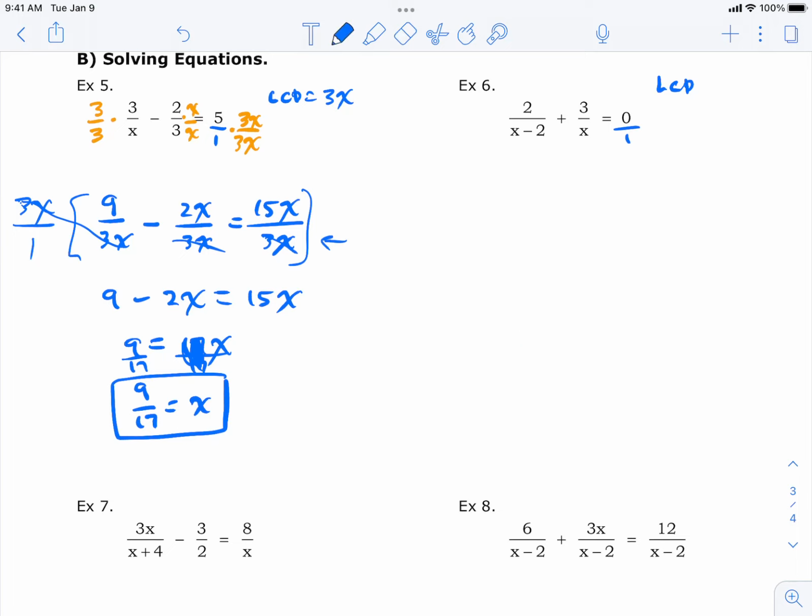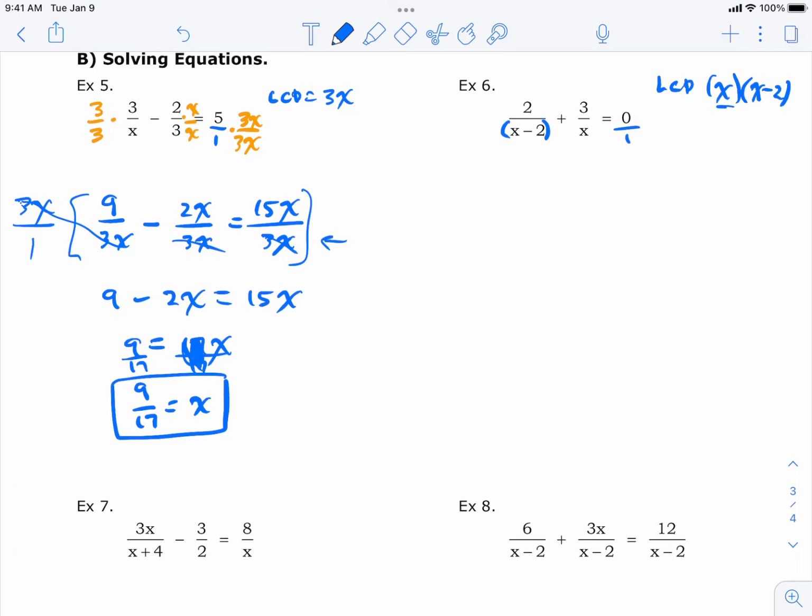So the LCD here is what now? Well, again, a fraction bar is a grouping symbol. The x minus 2 is in a group. We usually get lazy and we don't write the parentheses, but they're there. So our LCD is going to have an x, because of this, and it's going to have an x minus 2 because of this, and the 1 is kind of there by default, I guess. So that's our LCD.